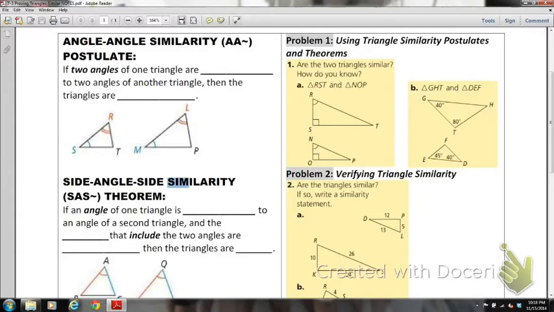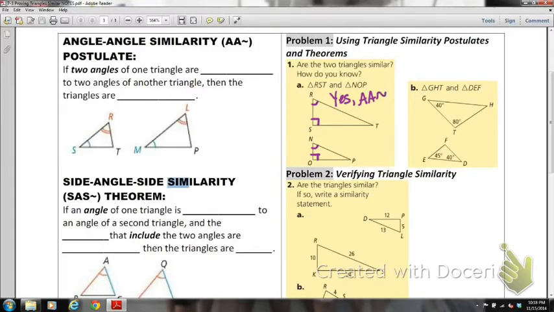And because of the markings in the diagram, we have angle R is congruent to angle N, and we have right angles at S and O. And we know from the right angle congruence theorem that all right angles are congruent. So we have 2 corresponding congruent angles. So we can conclude that yes, these are similar by angle-angle similarity.